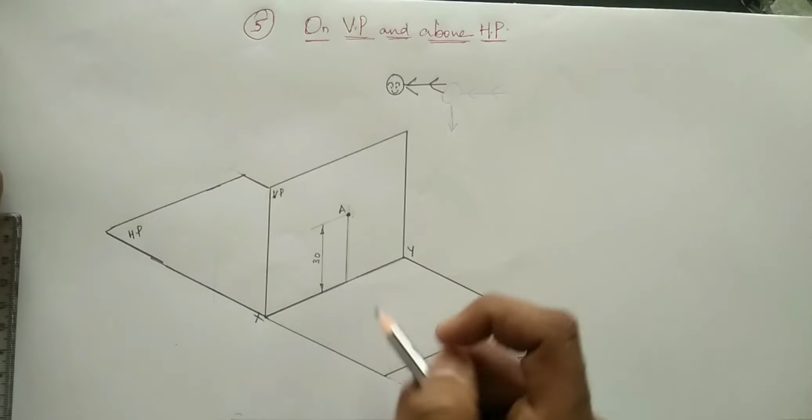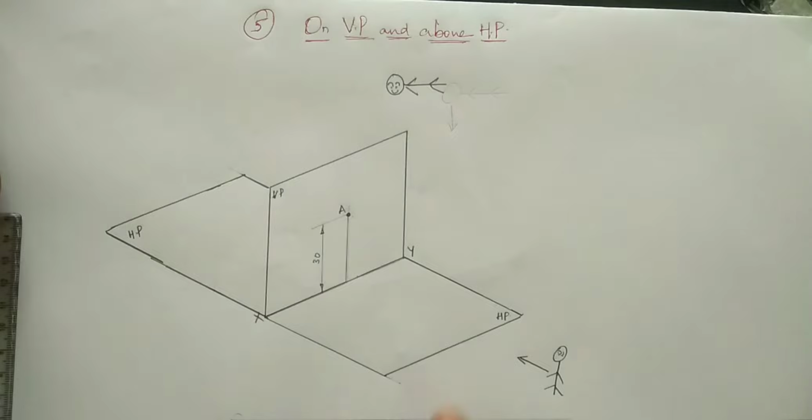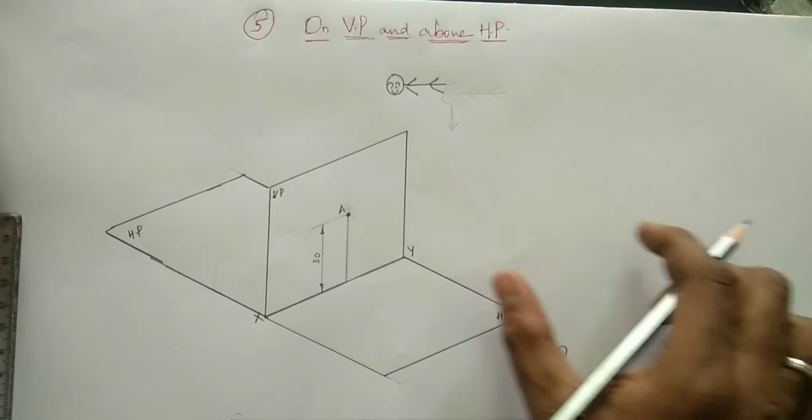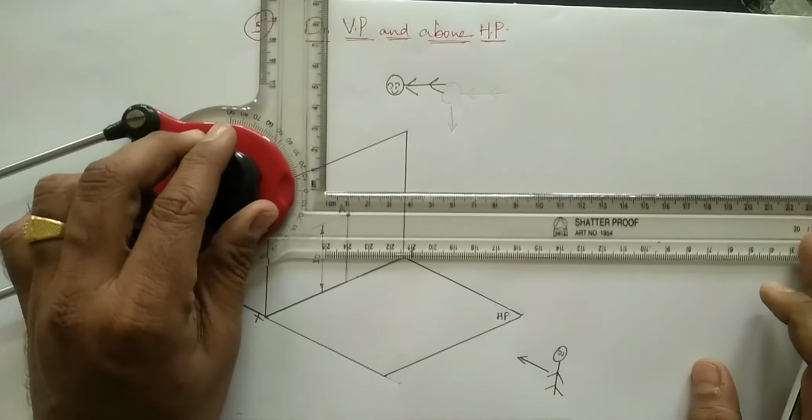So I take the existence of the point in the first quadrant. Now, based on the first quadrant, we go ahead for drawing the 2D projections of this problem. So right now I am drawing it here.